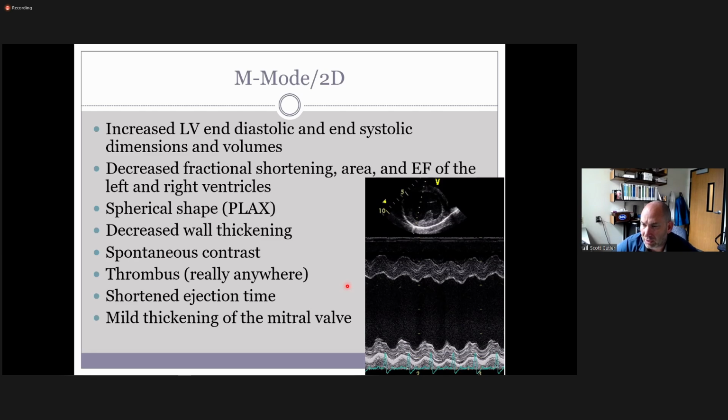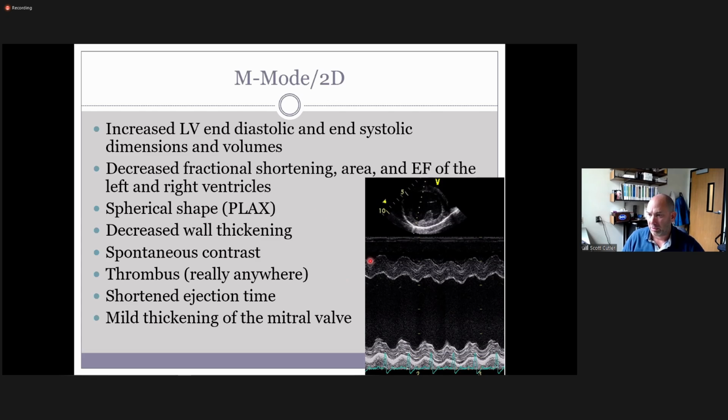It extrapolates on that measurement an area and an ejection fraction based off that single measurement. But remember, that's the cubed measurement. That's where they assume the volume to be round, which is less accurate than doing a Simpson's biplane. Okay, so this is an indication, but it's not the best indication.